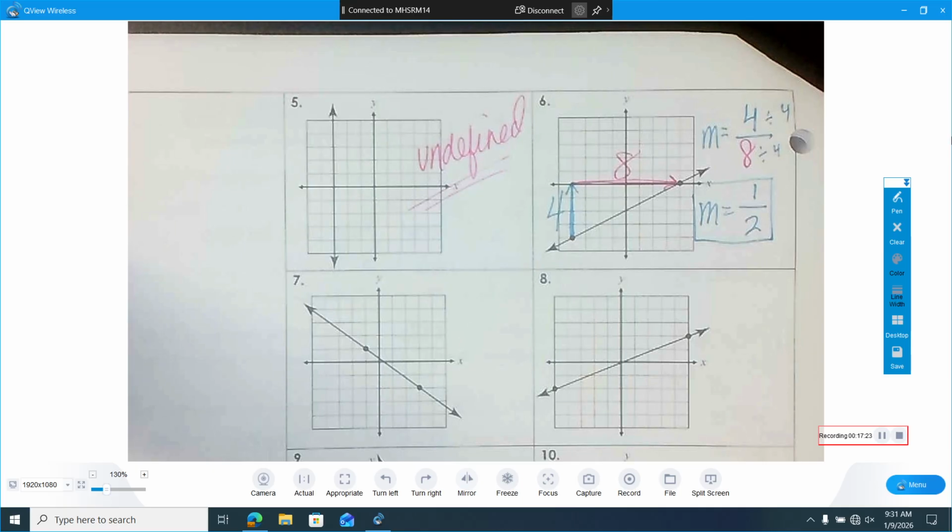Very good. So on this one, your run is 4, which is correct. But we're going down, right? Yes, good. All right, awesome sauce. Give about 30 more seconds, it looks like.